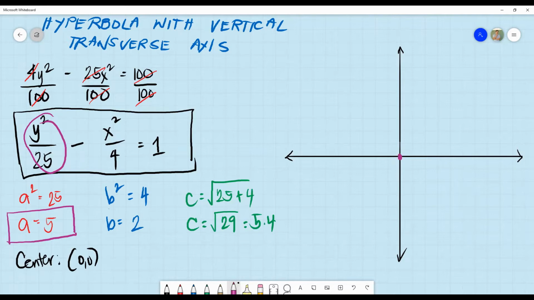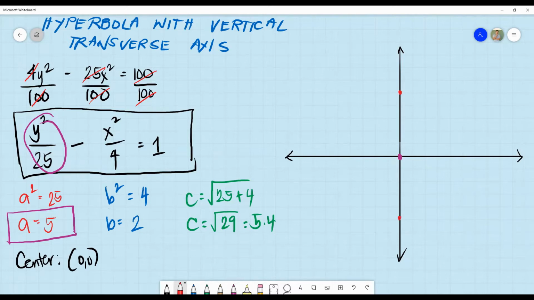So let's now count 5 steps up, 1, 2, 3, 4, 5, and from the center 5 steps down, 1, 2, 3, 4, 5.